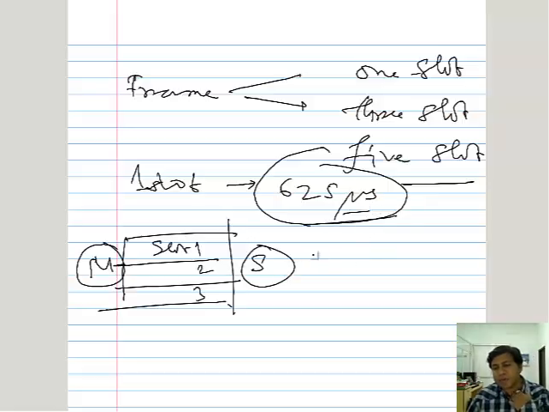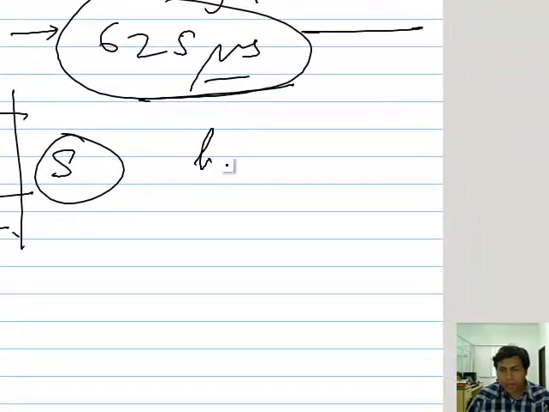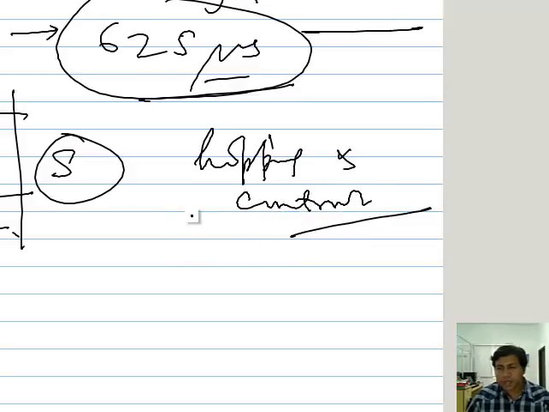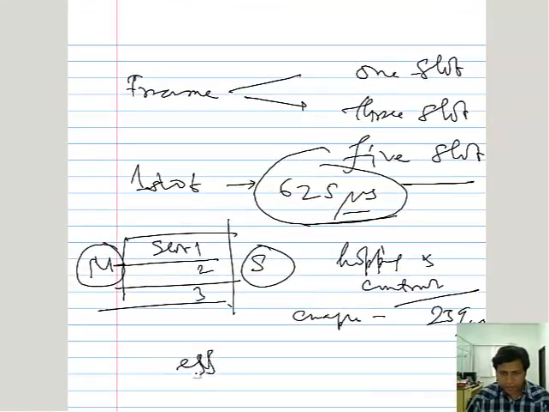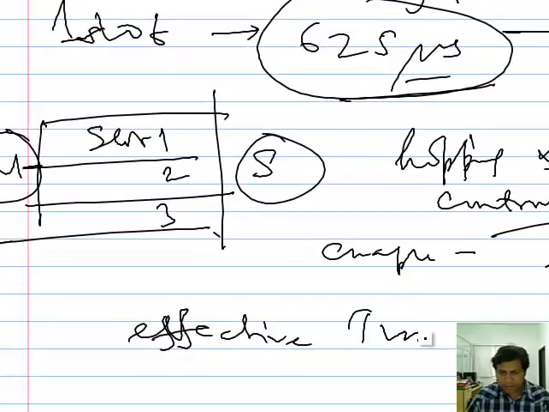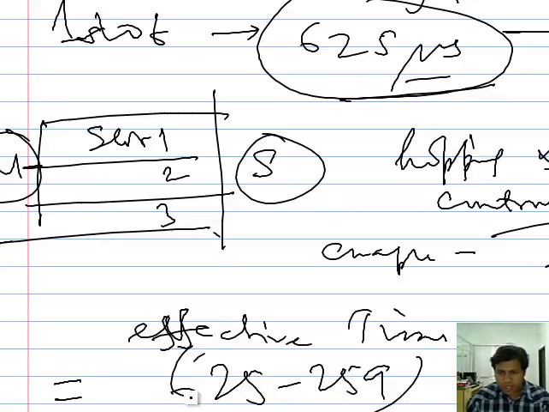From link management, we first have to calculate how much is needed for hopping and control management. If hopping and control management takes, for example, 259 microseconds, then the effective time in such a case will be 625 minus 259, which is exactly 366.